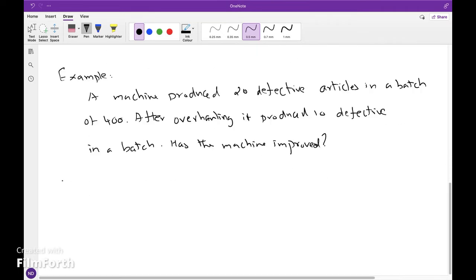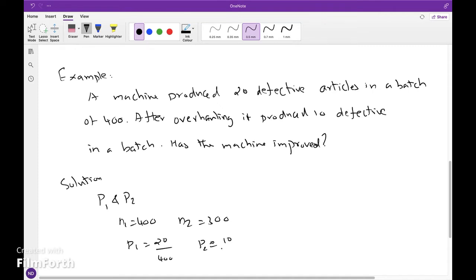The solution: let P1 and P2 be the proportion of defective articles produced by the machine before and after overhauling. So N1 equal to 400, N2 equal to 300. So P1 equal to 20 divided by 400, P2 equal to 10 divided by 300.